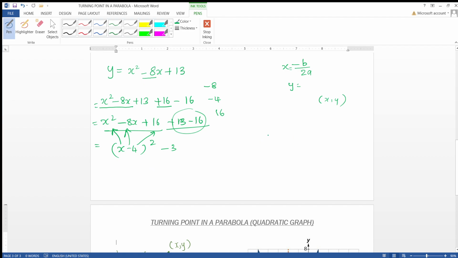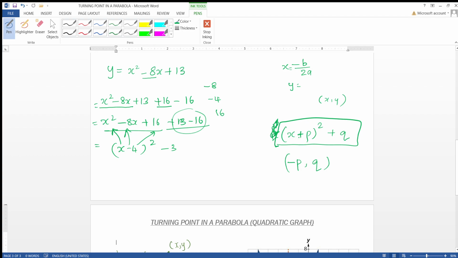Now to say it in general, if we get the completing the square form, for example a bracket x plus p the whole square plus q, a is sometimes just one, so it won't be there, or sometimes there will be a number. However, if we get it like this, the turning point is minus p and q.